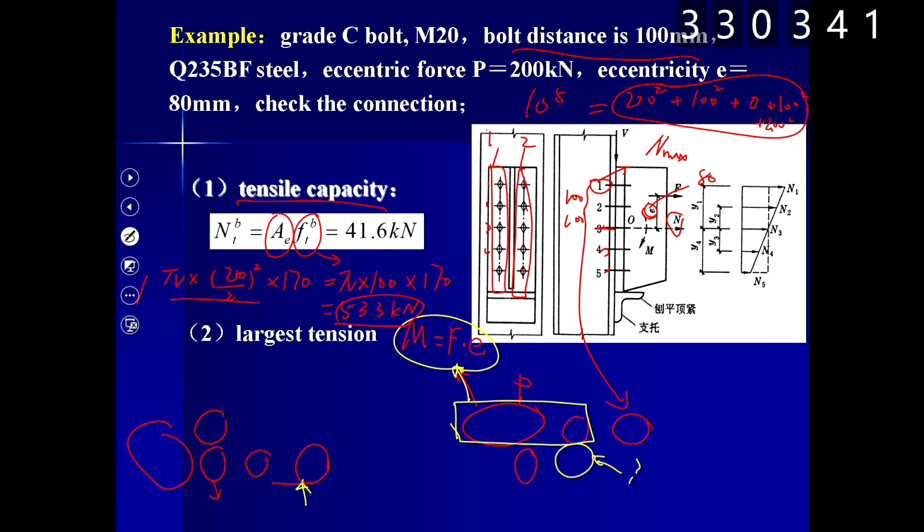And now we can come back to the data. When we use the traditional area, it will calculate to 53.3 kilonewtons, right? But do you remember the effective E is equal to what?